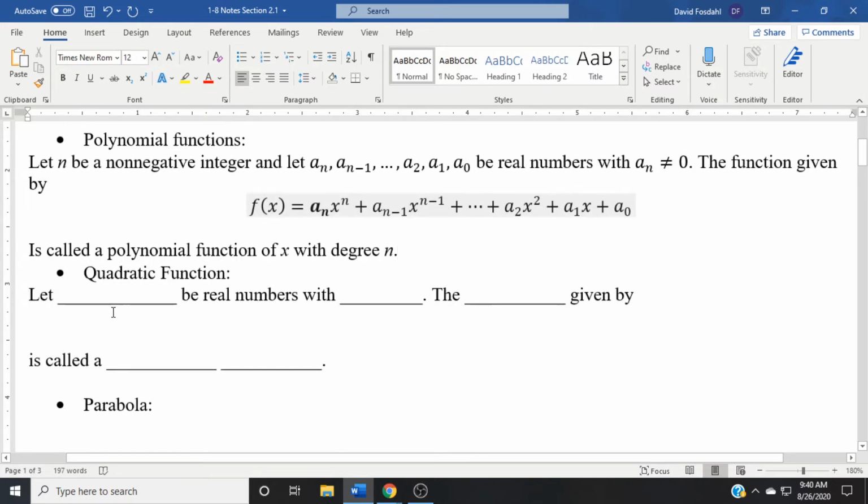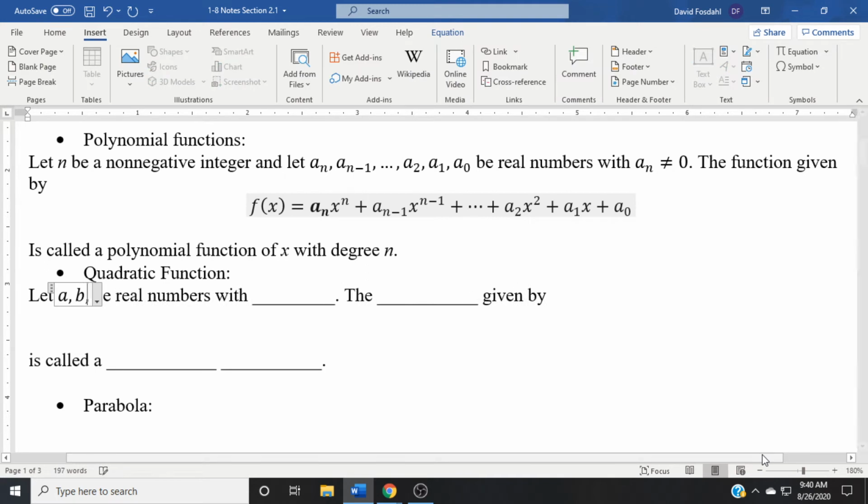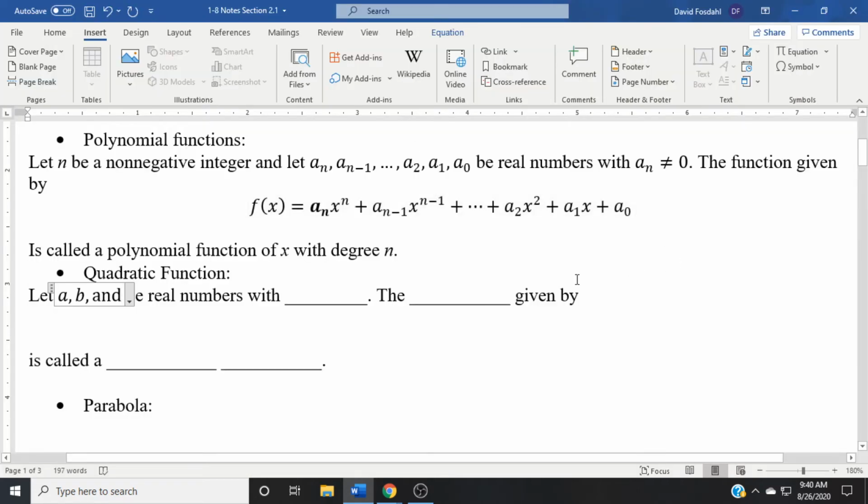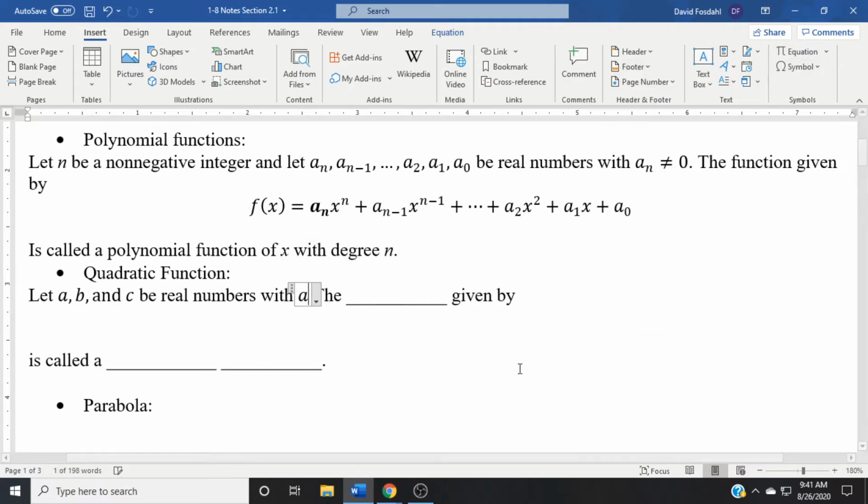Okay, now let's go to quadratic. Let the letters a, b, and c be real numbers with, again, a cannot equal 0.